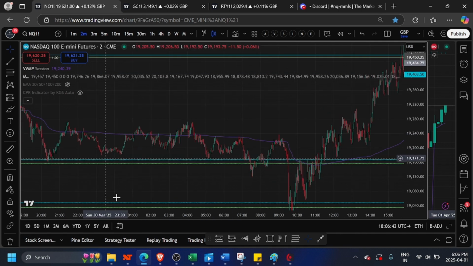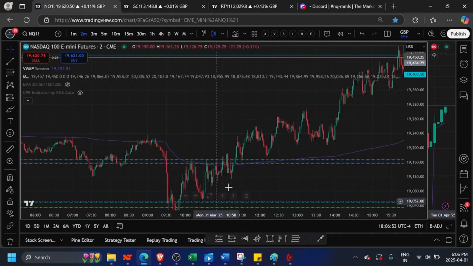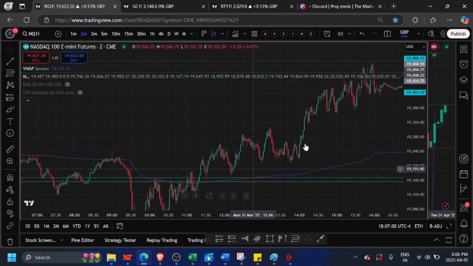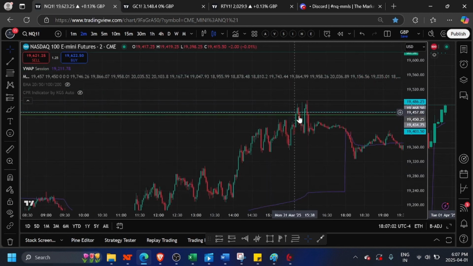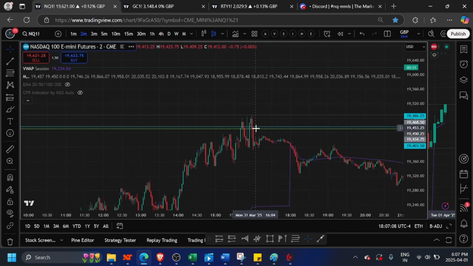You can see how this blue level was given before the Monday start, and how many times on Monday it respected this level. I also took this trade when it broke and retested this level. I took this trade as well. At the end of the day on Monday, you can see price came to this level again, the blue level.